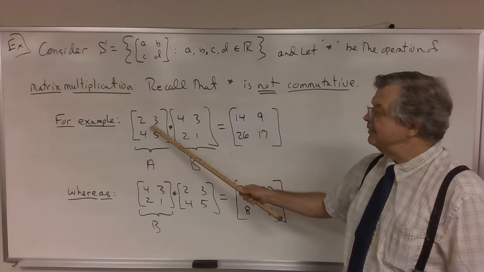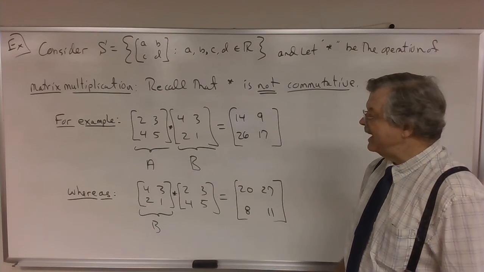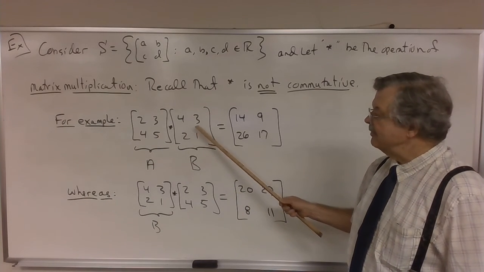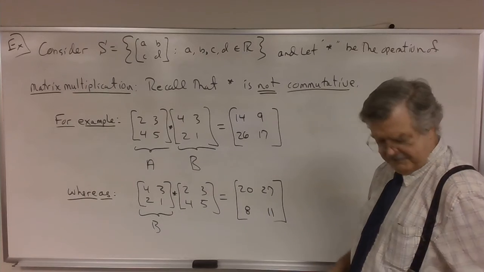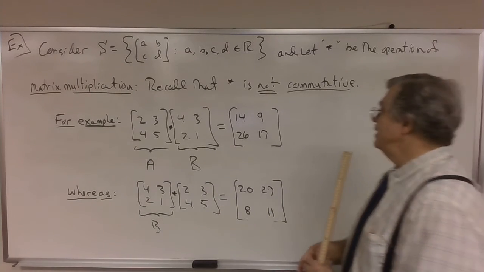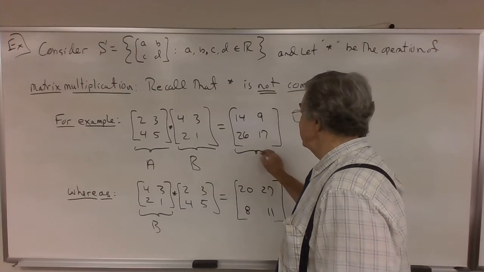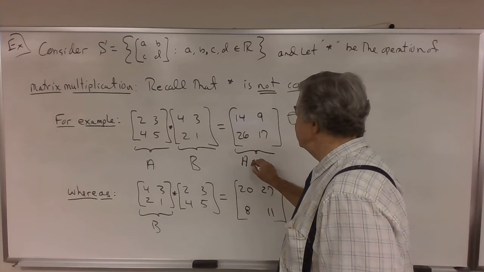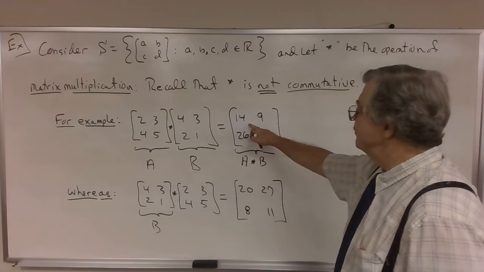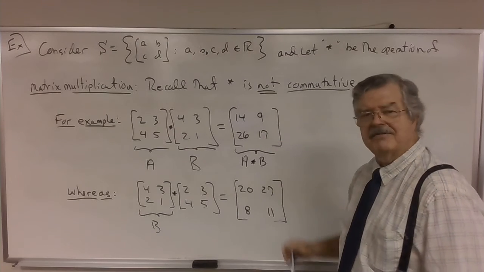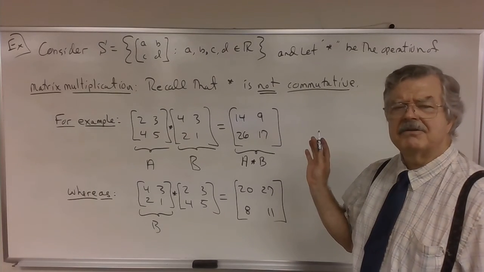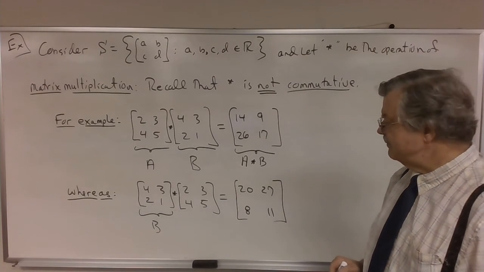The matrix 2, 3, 4, 5, which is A, and the matrix 4, 3, 2, 1, which is B. When we multiply these together, we get A star B, 14, 9, 26, 17. Check that out and make sure I'm right.